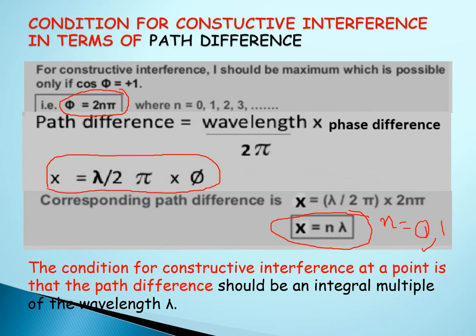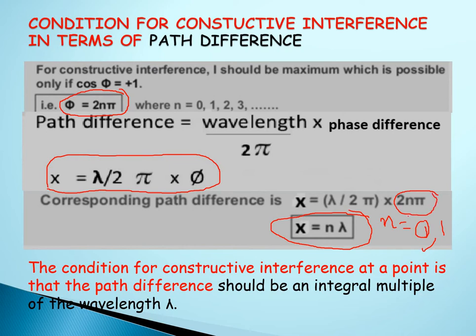This is the relation between x and phi. Now for constructive interference to take place, what should be the phi value? 2n pi. So we are substituting 2n pi in the place of phi. So the path difference x is equal to lambda by 2 pi into 2n pi.